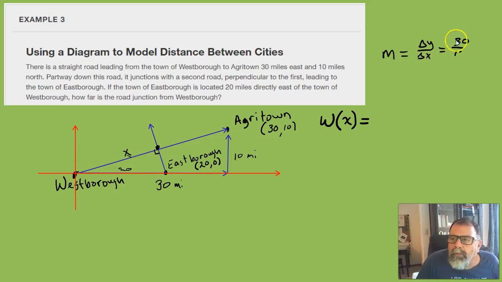Oh no, it's the other way around. 10 over 30, which is 1/3. Okay, so that's the equation of that line.